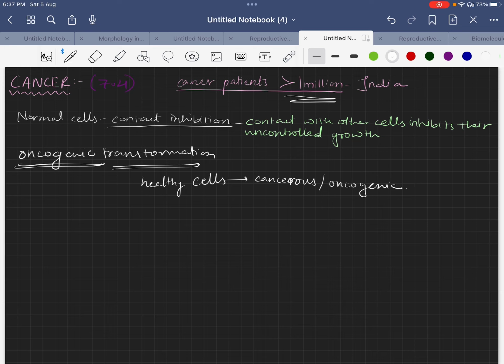Now, its treatment and control have been some of the most intense areas of research in biology and medicine. Okay, it's obvious.